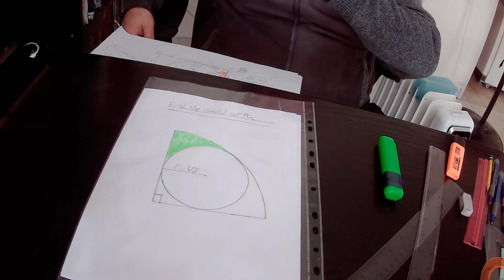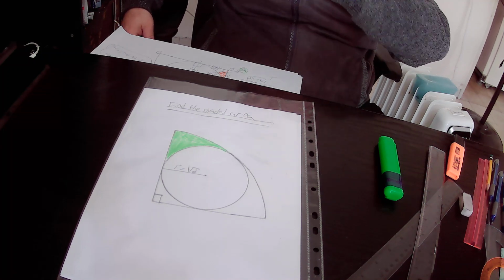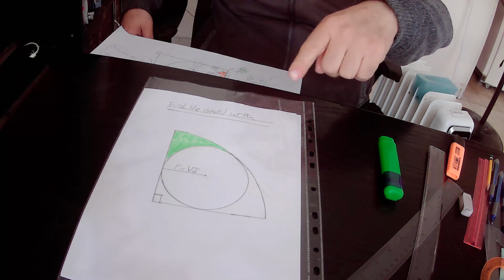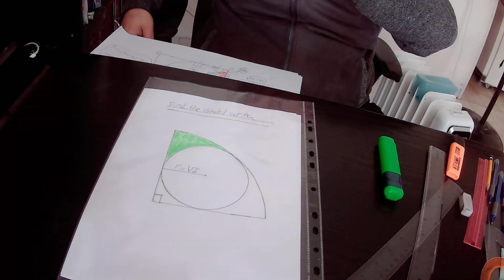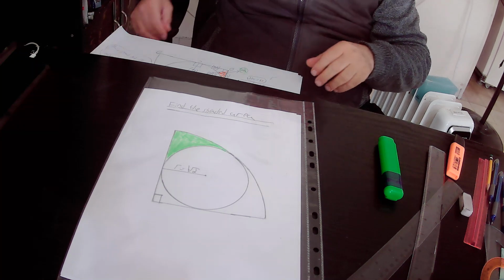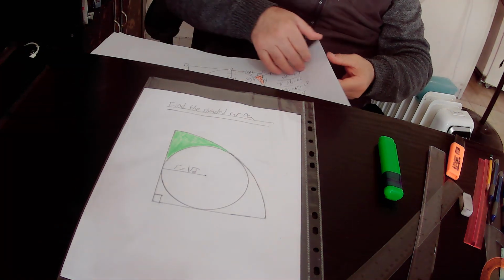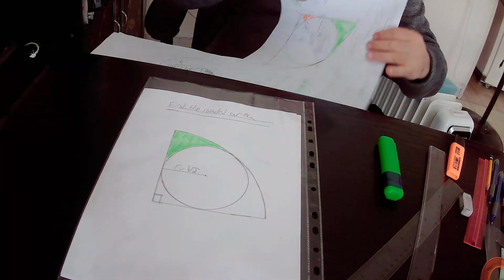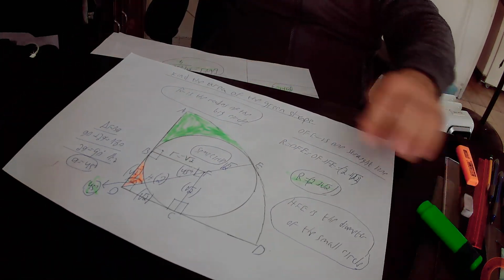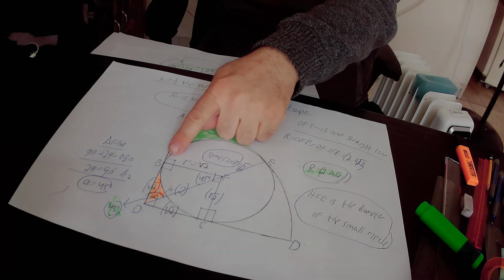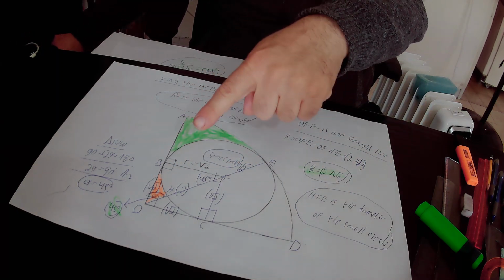So first of all, we defined the relevant points to this question with letters. We define this point as A, this point as B. This point is the center of the quarter circle.